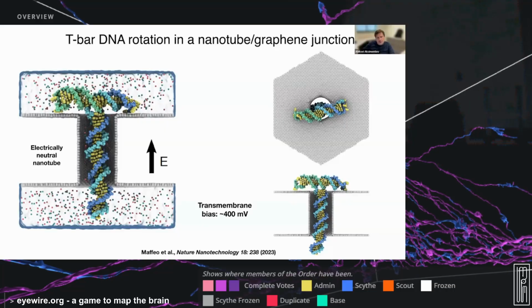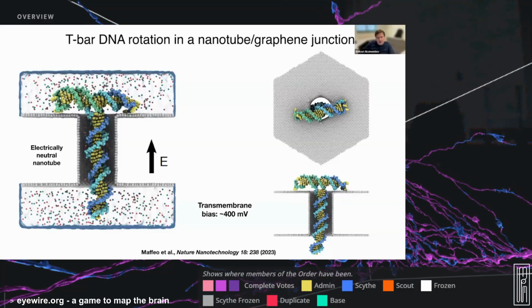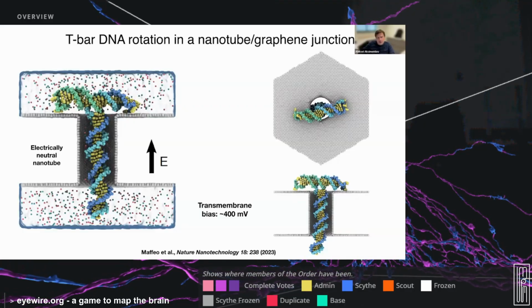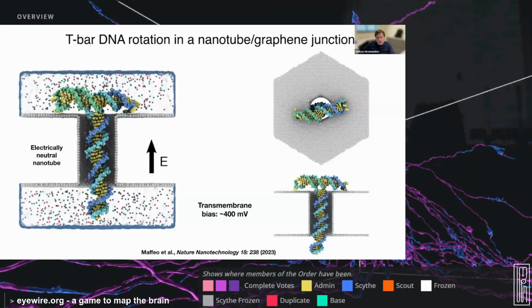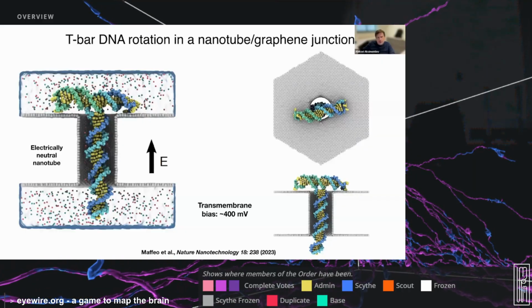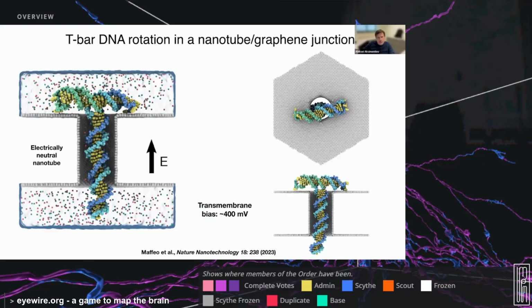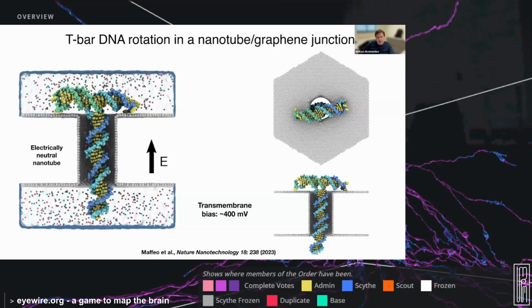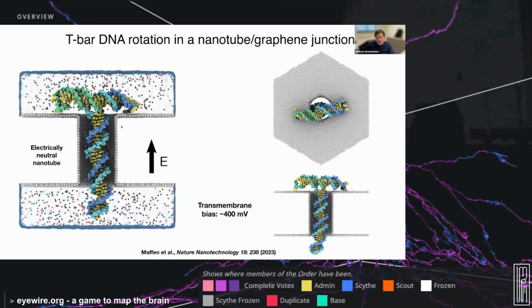Instead, we used a T-bar DNA. This DNA is made of three strands. They form a double helix here and a double helix there. One essential component of the design are those unpaired bases, which stick to the surface of the membrane and prevent this whole construct from leaving the nanopore.